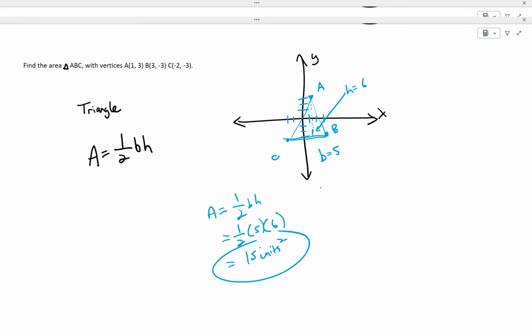Okay. And then for our last example, we're going to find the area of ABCD, which you should be able to figure out if it has 4 vertices, then it has 4 sides. Okay, there's the same number of vertices as sides.